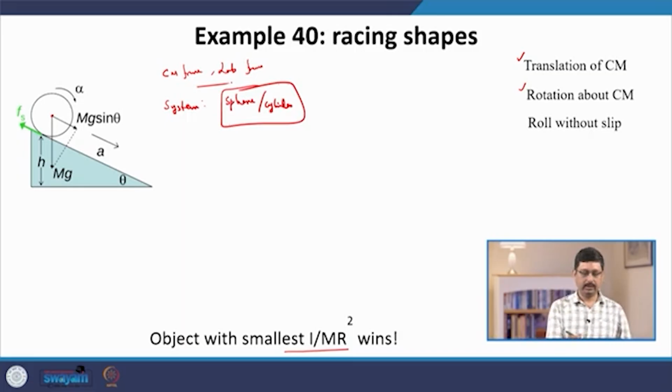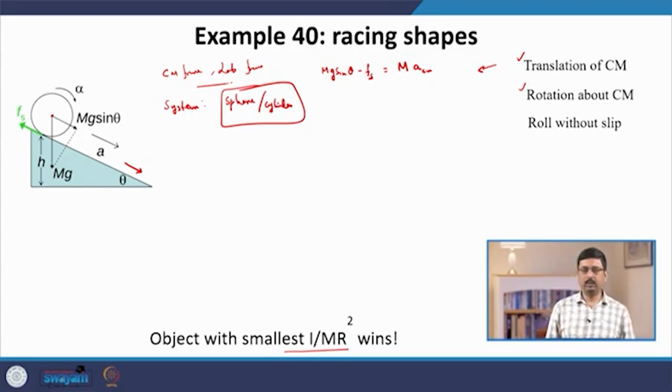The translation of the center of mass is determined by the net force acting on the system. Taking the direction down the inclined plane, the net force is mg sin theta minus the friction Fs, and this determines the acceleration of the center of mass.